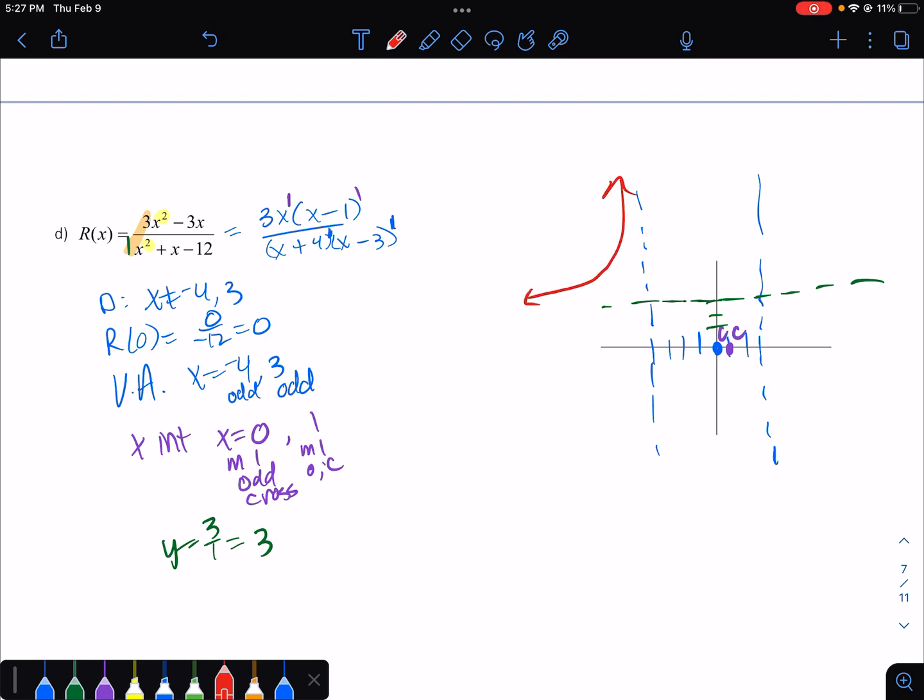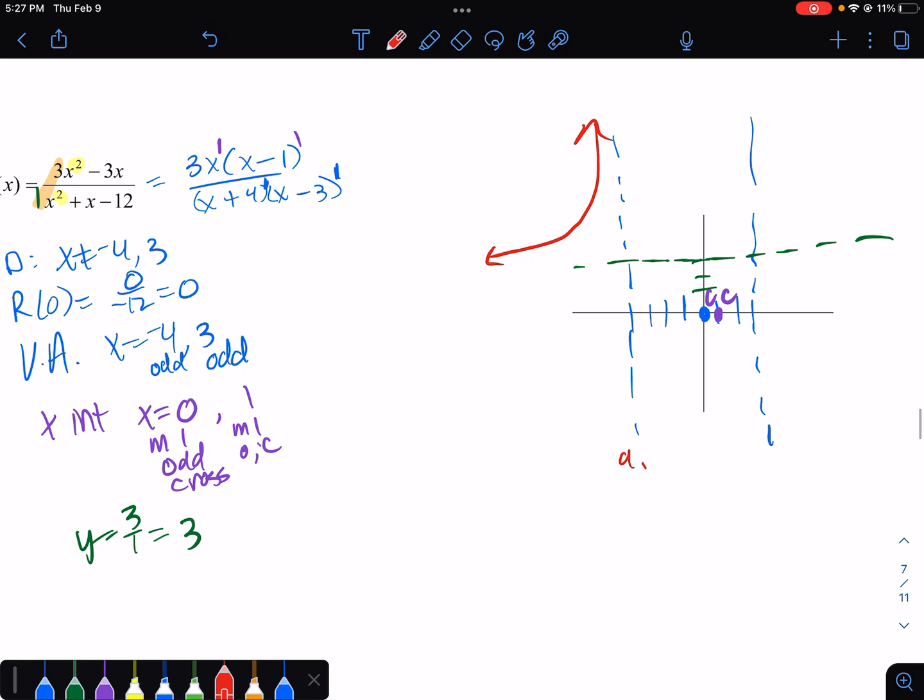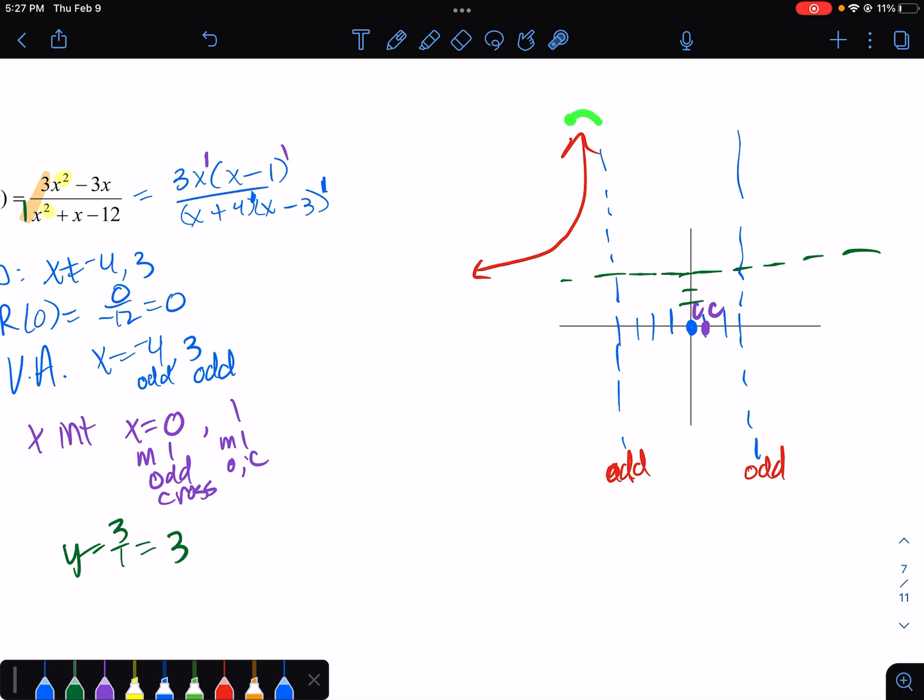Okay. I neglected to put what kind of asymptotes the vertical asymptotes were. Not even, these are odd. So since this is coming from the top on the left, that means it has to be coming from the bottom on the right side. So I'm going to come from here. I'm going to have this x-intercept, so it's cross, but then I need to hit this one to cross.